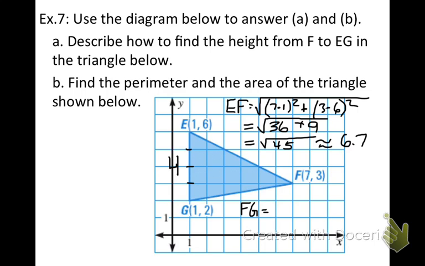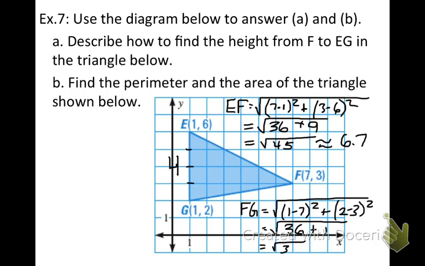FG, we'll use the distance formula, the difference in the y-coordinates and the difference in the x-coordinates, 1 minus 7 squared plus 2 minus 3 squared, to get us the square root of 36 plus 1.